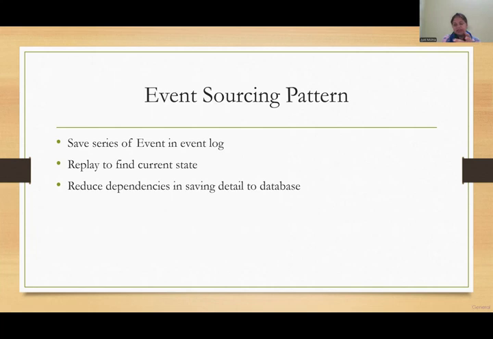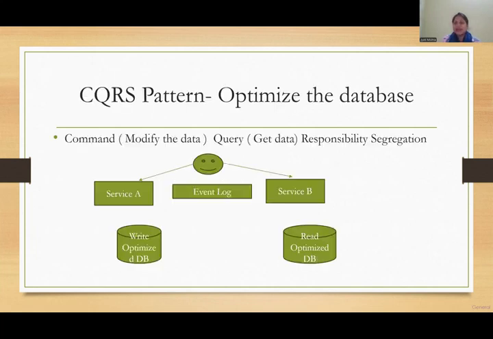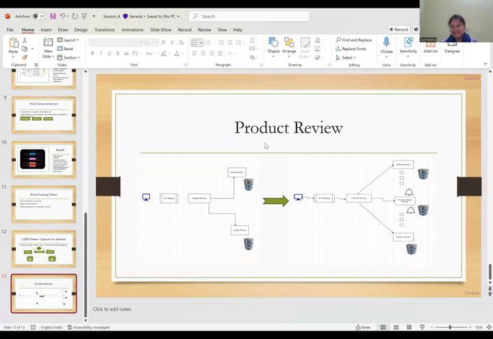From there, we understood two more patterns, which are event sourcing and CQRS. So go ahead and revise these concepts. And yes, I was talking about some of the blogs. I was reading from AWS itself about the benefits of event driven architecture. They are your building blocks.